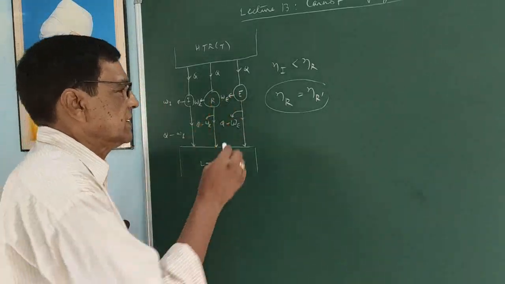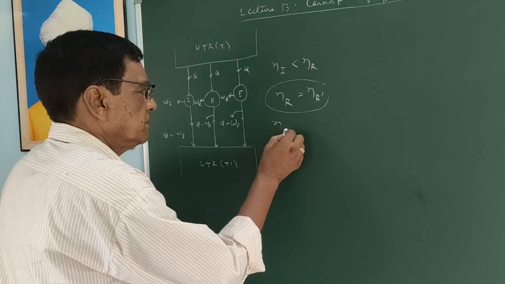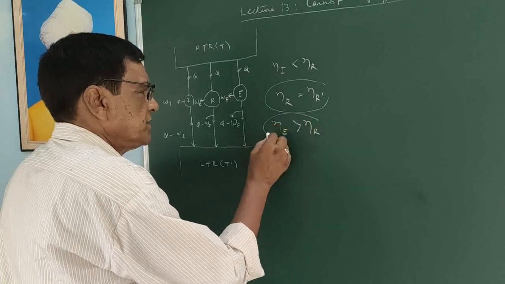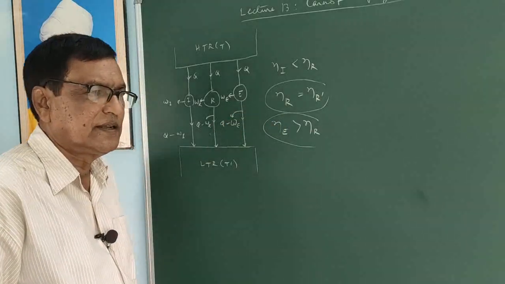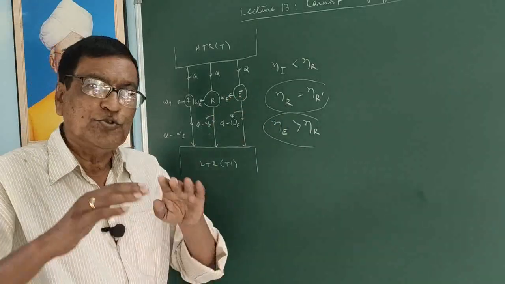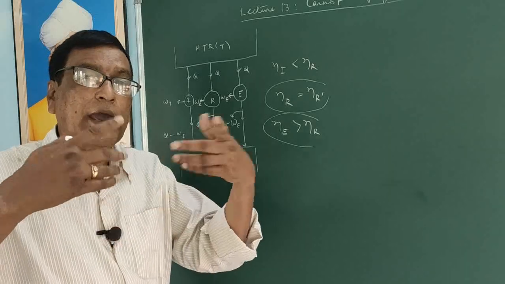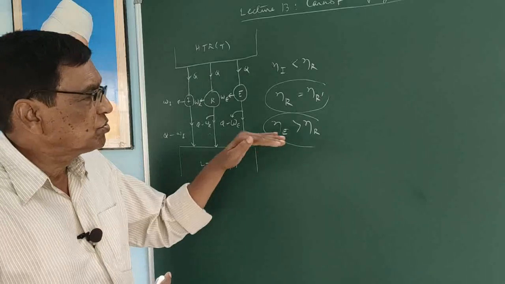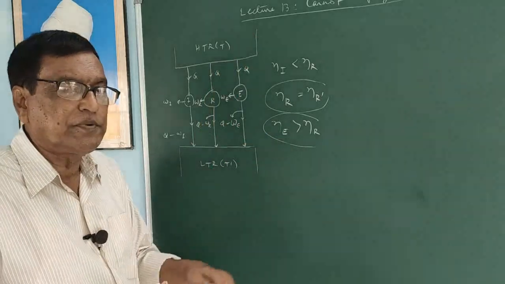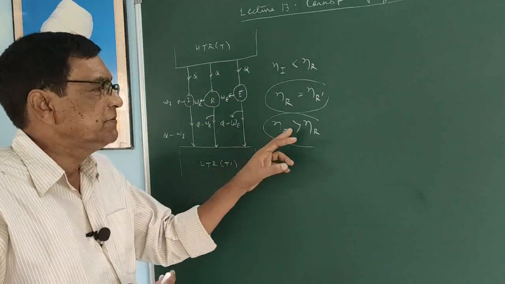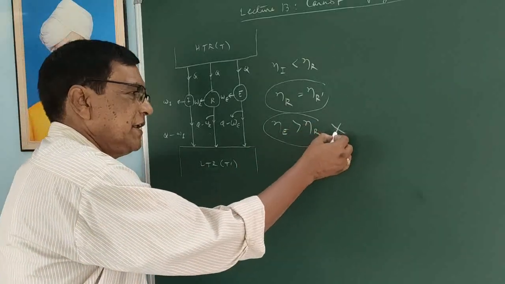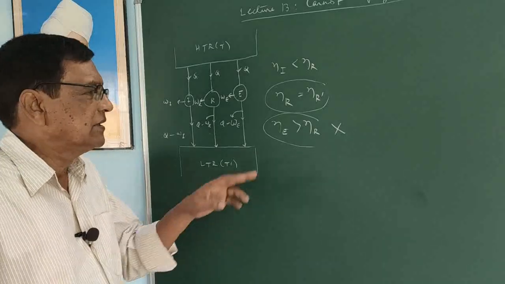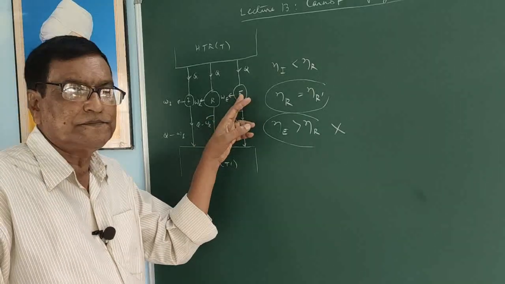And suppose eta E is greater than eta R, meaning we have constructed an engine having efficiency greater than the reversible one. According to the Carnot principle, such an engine is never possible to construct, so this is an impossible engine.